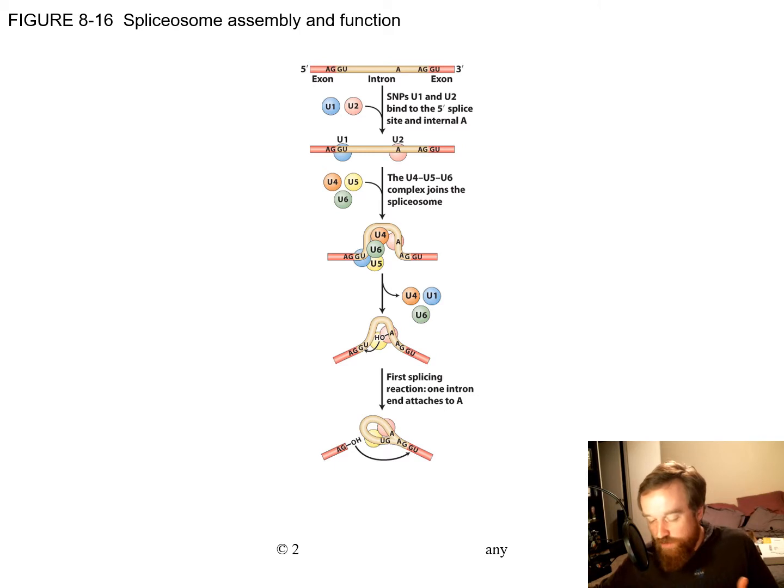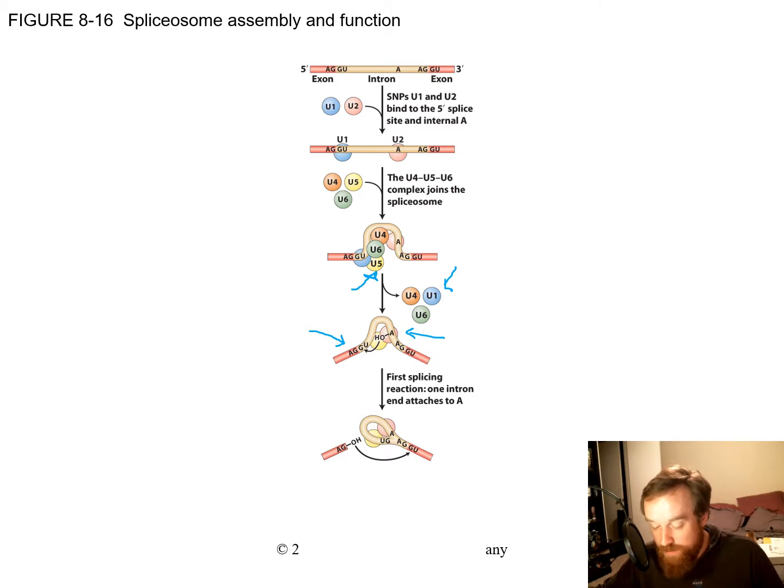Once U5 and U2 are brought together, so this yellow one here is U5, U1, who was originally part of that AGGU recognition site, as well as U4 and U6, who were brought in to bring this loop together, they peace out. They're out of here, and all we're left with attached is that original U2, who was bound to that consensus adenine, 15 to 45 nucleotides before that last AGGU site, and then U5, who has taken over as the indicator of the beginning of the intron.